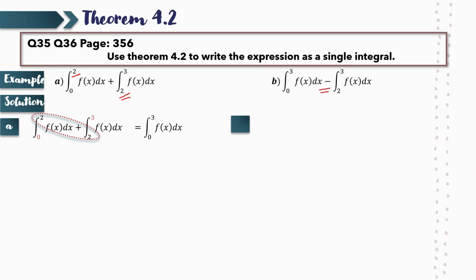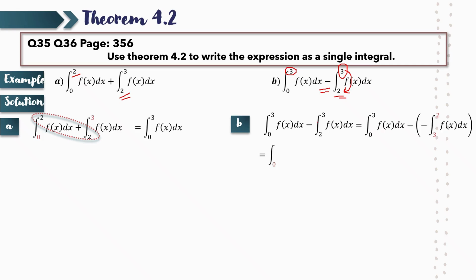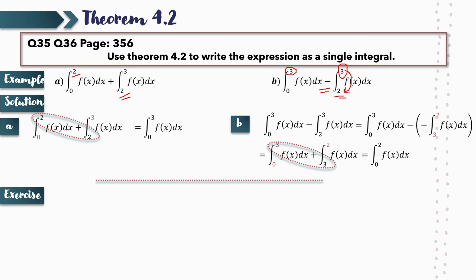If you want to switch, because your upper limit and lower limit should match, but here instead of 3 you have 2, and you can note 3 is in the upper limit. So if you want to switch your limits, you introduce a negative sign. Negative of negative becomes positive. Now it will be the integral from 0 to 2 of f of x dx.